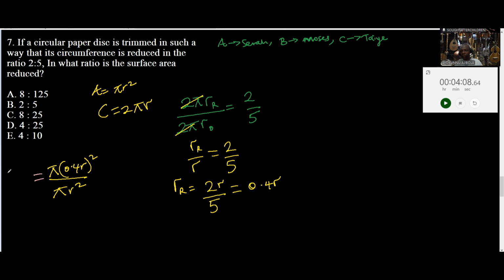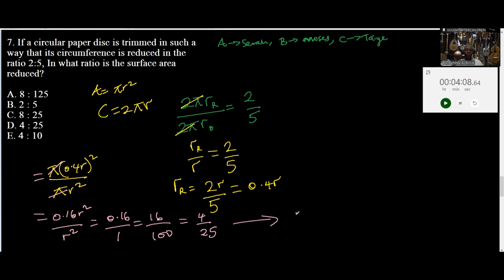Yes. That is the ratio of the area. So here now, pi cancel pi. Then we have 0.16 r squared over r squared. So this would be 0.16 over 1, which is 16 over 100, which is 4 over 25. So the ratio is 4 ratio 25.